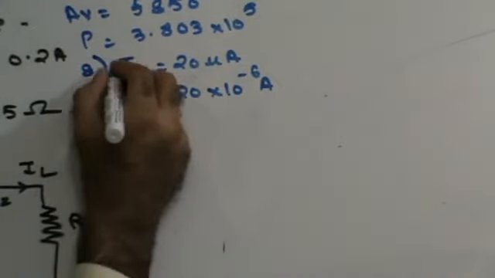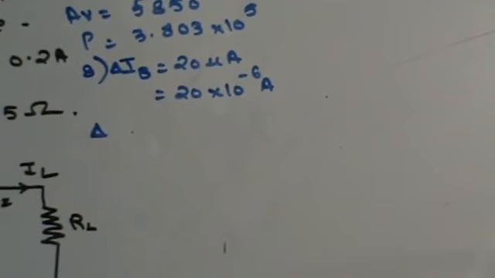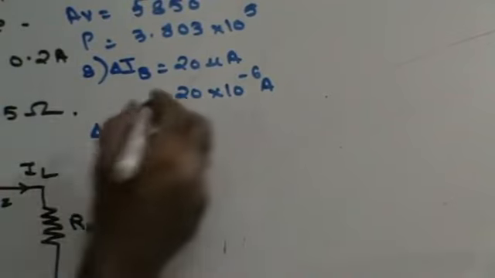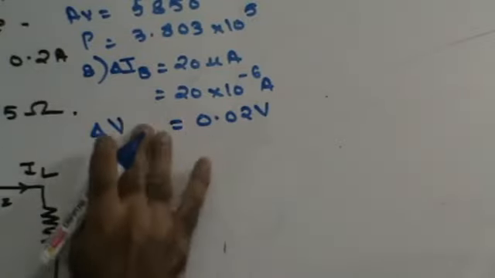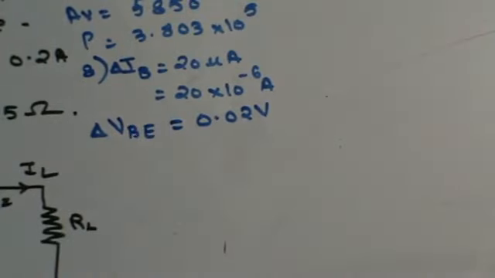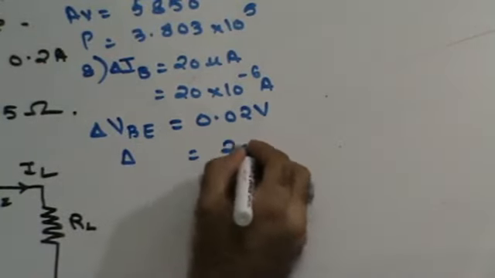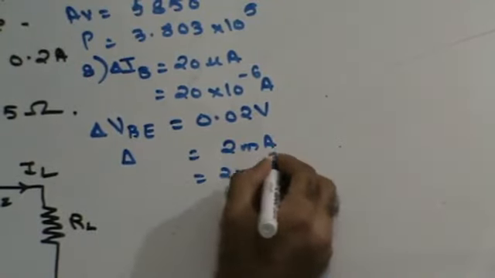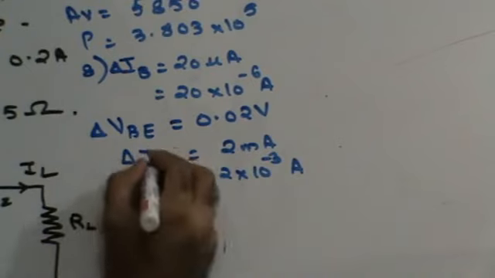This results in a change of 0.02 volts in the base emitter voltage and a change of 2 milliamps in the collector current.